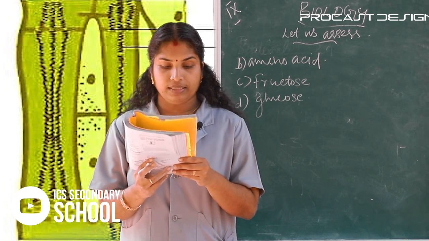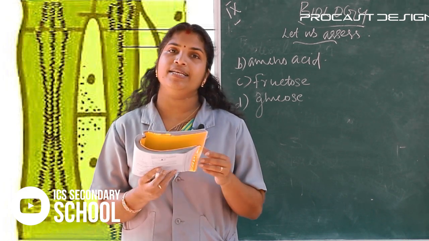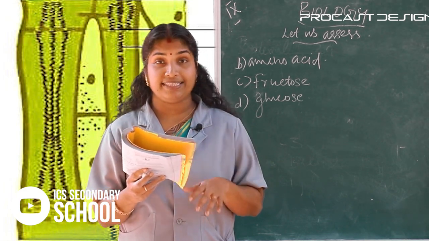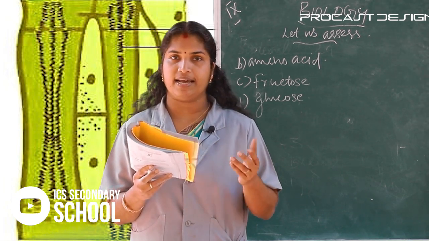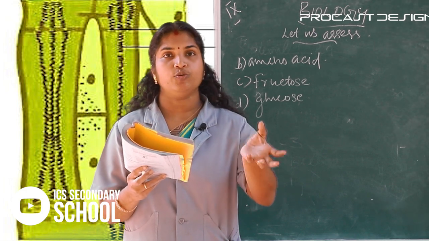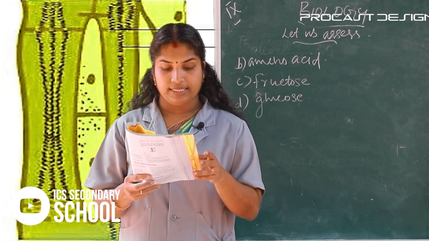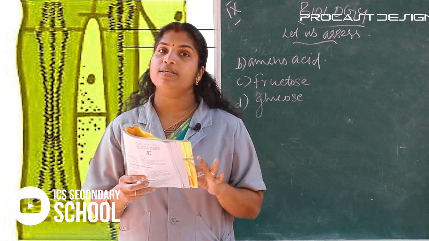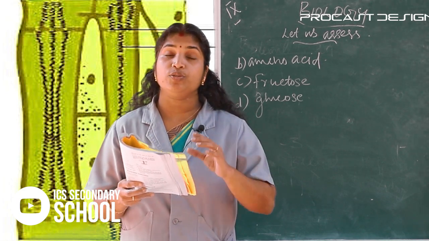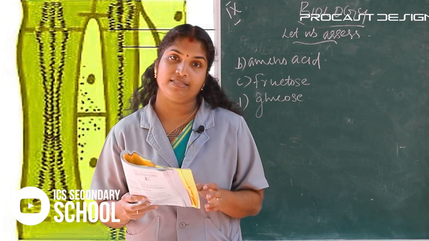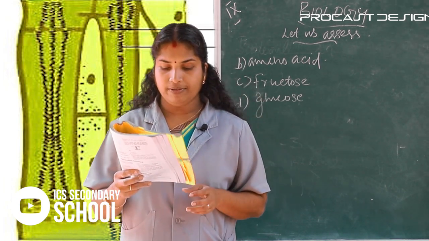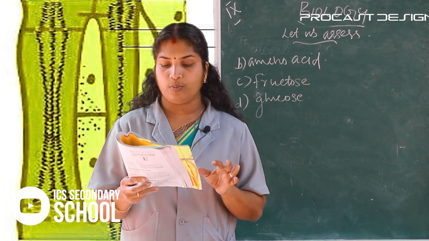Glycerol and fatty acids are absorbed into the lacteals, the lymph vessels. Amino acid, fructose and glucose are absorbed into the blood, and fatty acid and glycerol are absorbed into the lacteals of the lymph vessels.